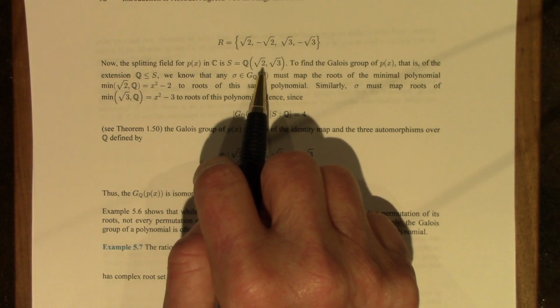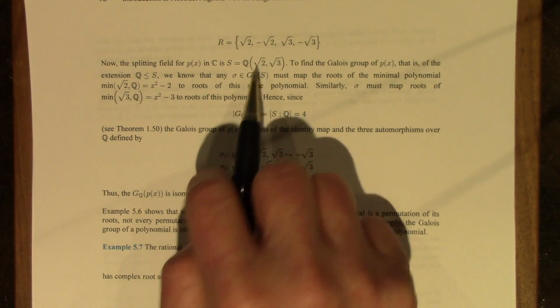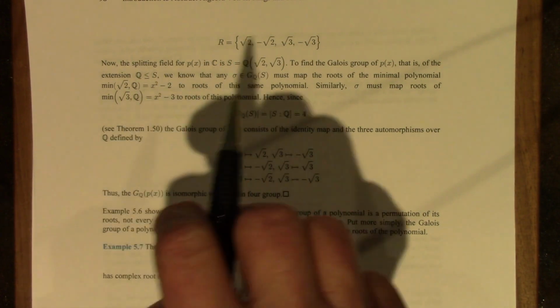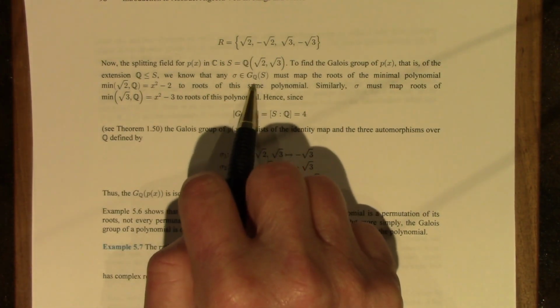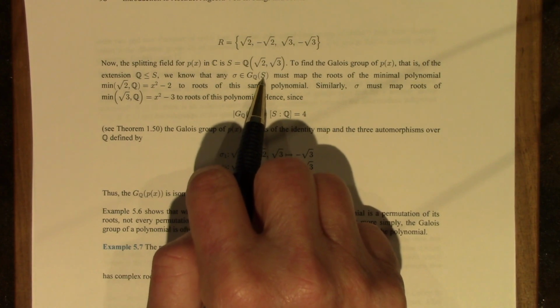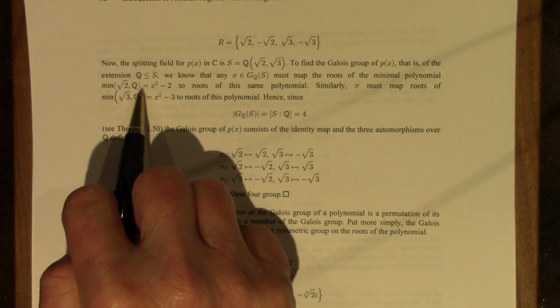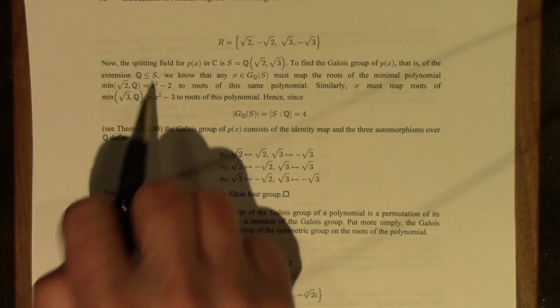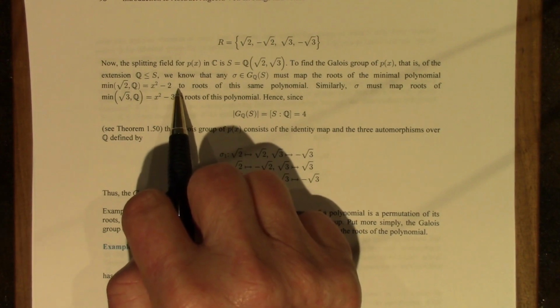To find the Galois group of P of x, or in other words of this extension, we know that any sigma in the Galois group of S has to map roots of this minimal polynomial, x squared minus 2, the minimal polynomial of square root of 2 over Q, to roots of this polynomial.